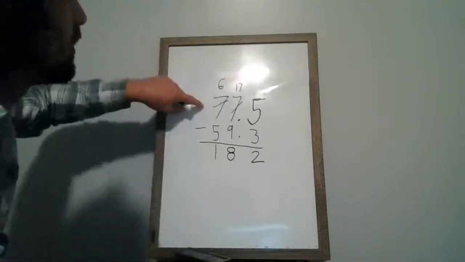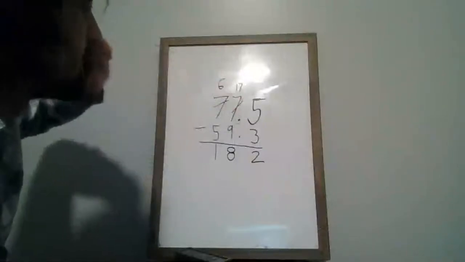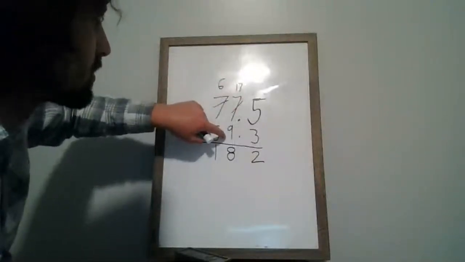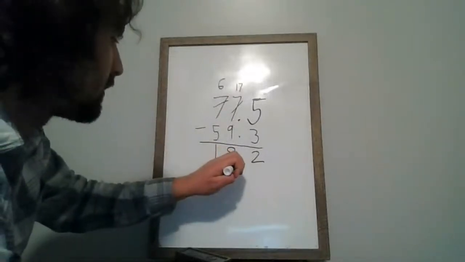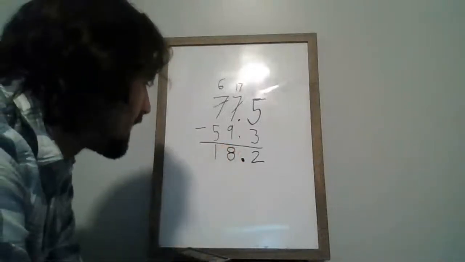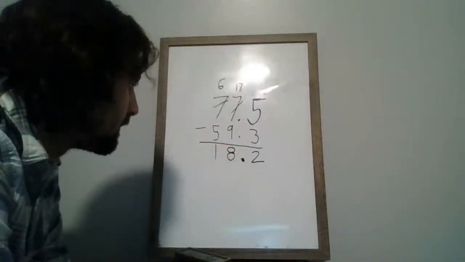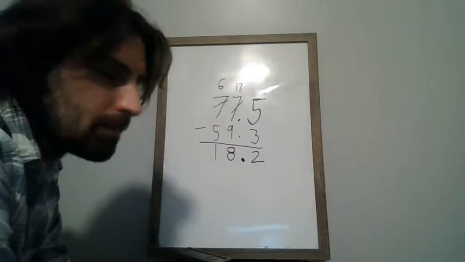In the first number, the decimal point is in between the second and third digit. In the second number, it's also in between the second and third digit. So for our answer, we're going to put the decimal point in between the second and third digit. And we have 18 and 2/10. That's our answer.